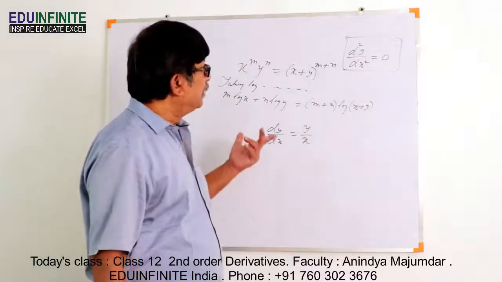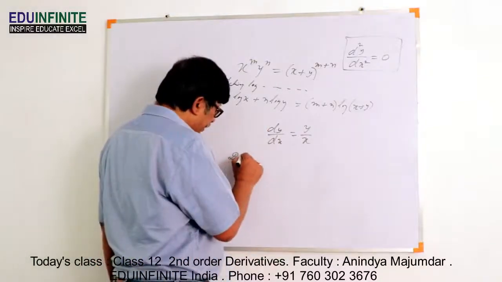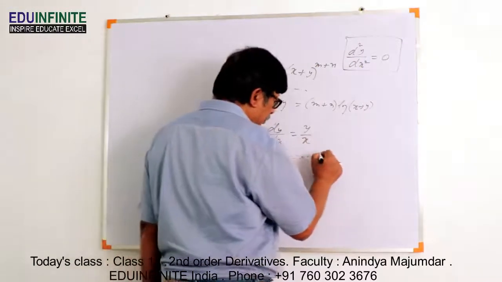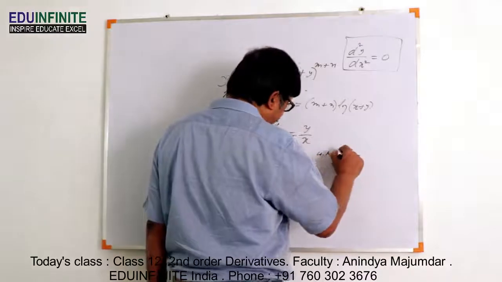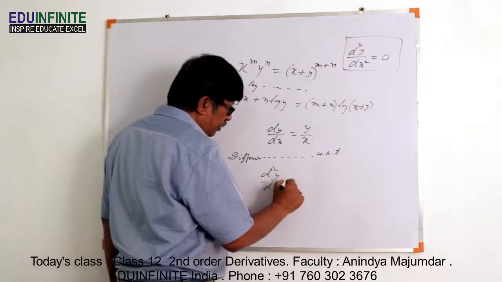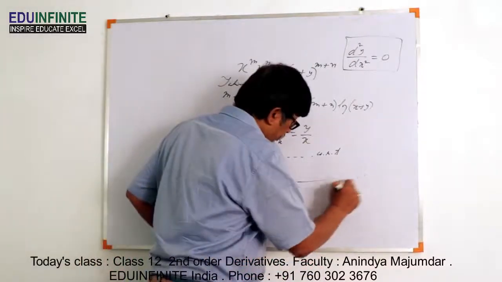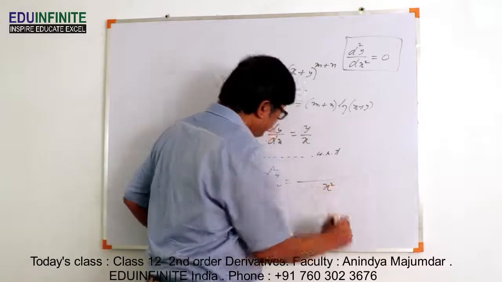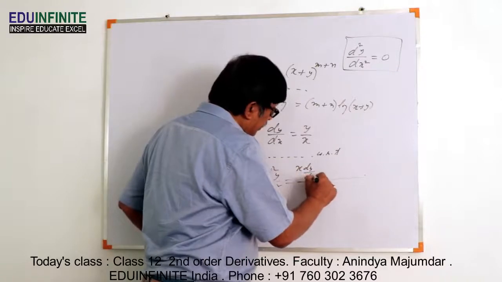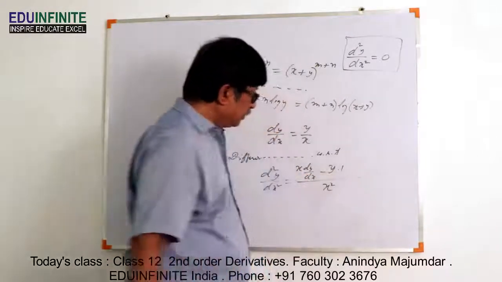Now, the second part, d2y/dx2. Obviously, you have to differentiate a second time, differentiating both sides with respect to x. The derivative is d2y/dx2, and that is u by v, so v square, x into dy/dx minus y into d/dx of x, that is 1.